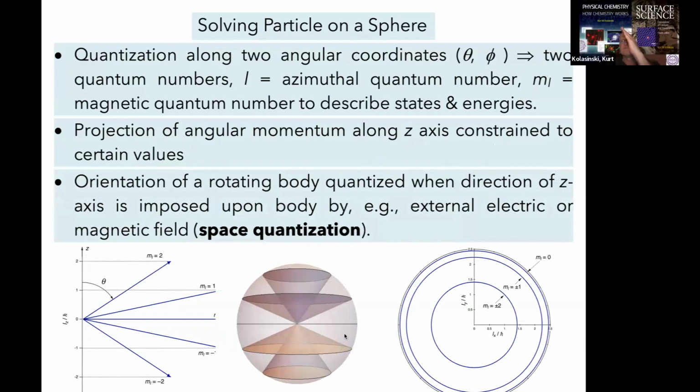You've got a vector of fixed length, and it's rotating about the z-axis. The component along the z-axis stays constant. The length of the vector stays constant, but if we're looking down from the top, the x and y values are constantly changing, keeping the length of the vector the same and the projection on the z-axis the same.